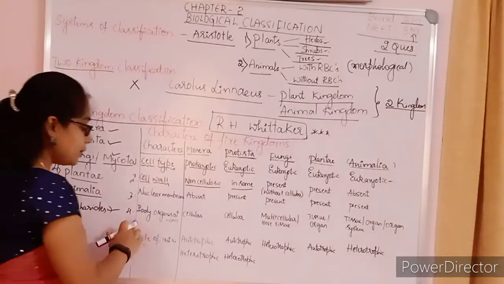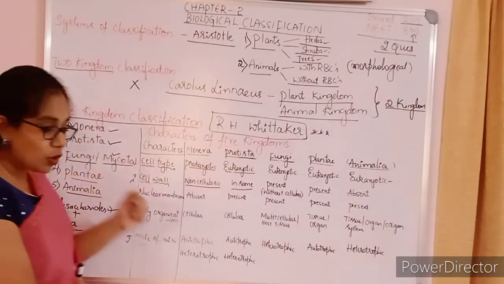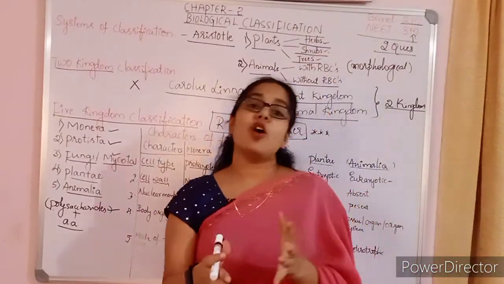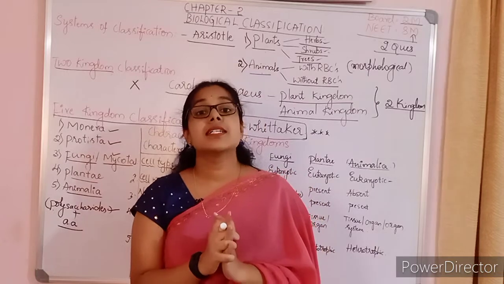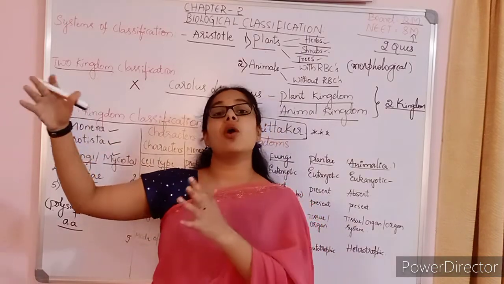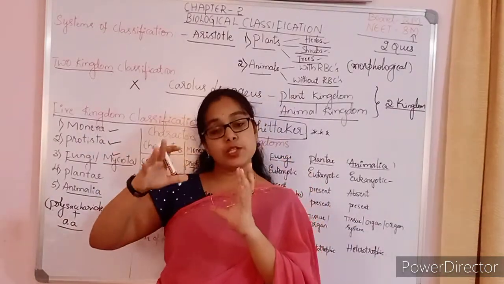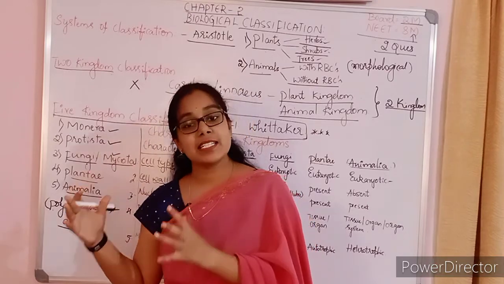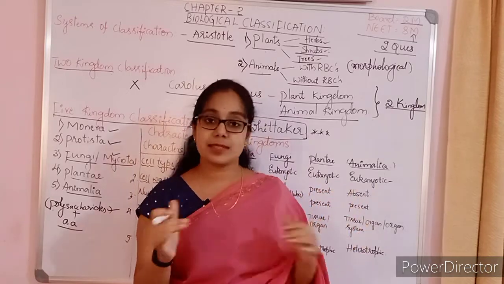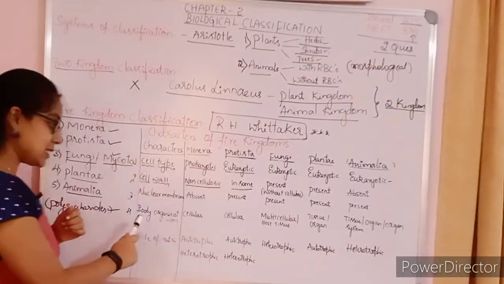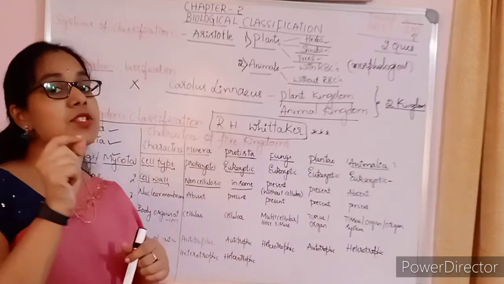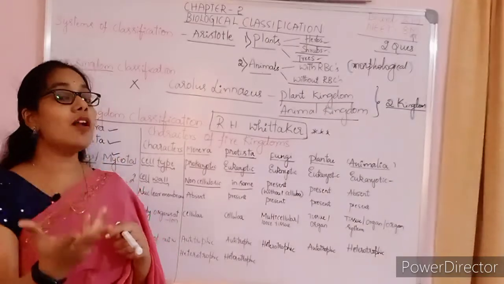Clear? Next, coming to body organization. What is body organization? All living organisms' bodies are made up of cells. As organisms evolved, cells aggregated to form tissues, tissues aggregated to form organs, and different organs aggregated together to form organ systems. So this character, body organization, tells whether the organism's body is unicellular or multicellular.